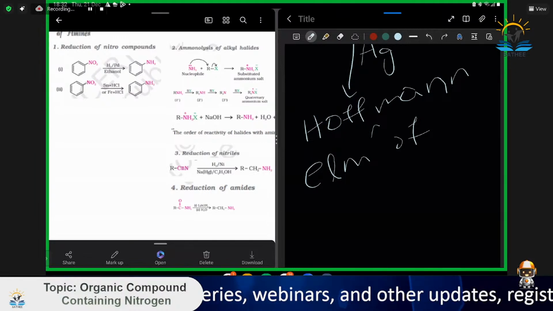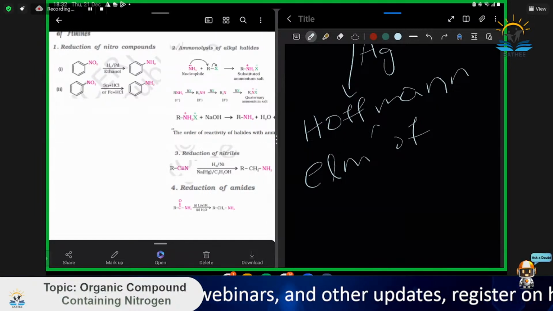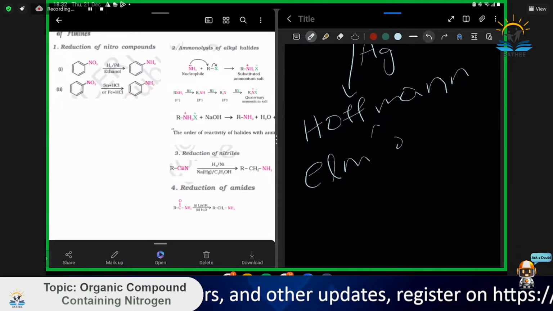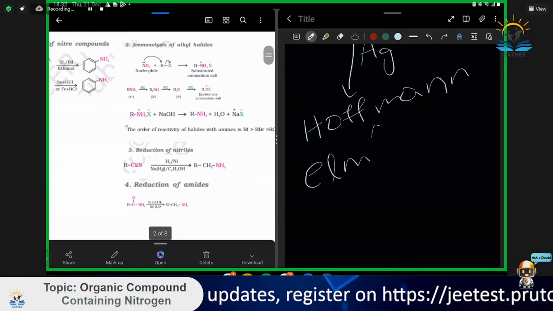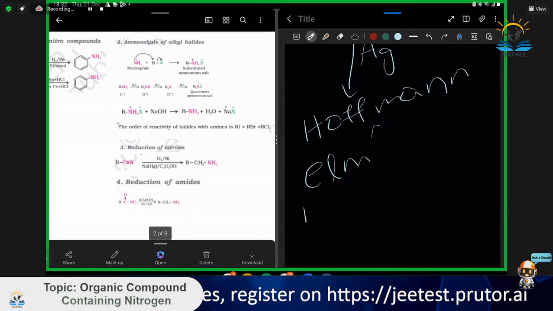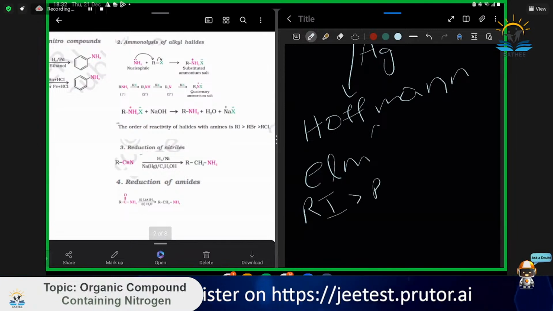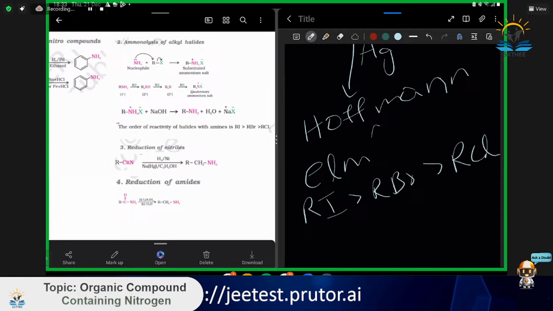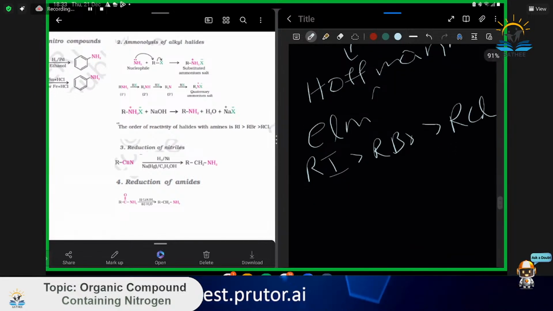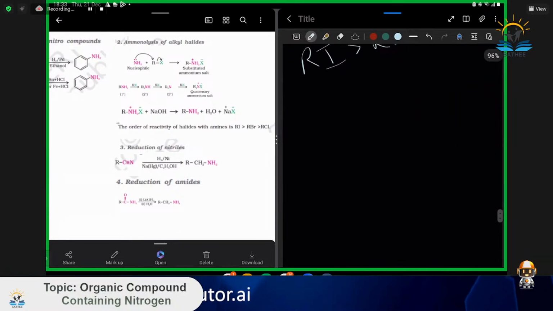Let me show you an example later. This is the order of reactivity: RI greater than RBr greater than RCl. The R-I bond is weaker, so the reaction is easier.